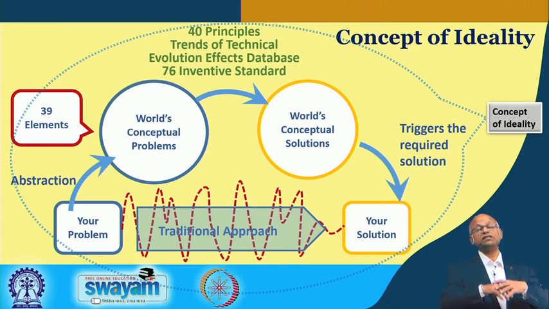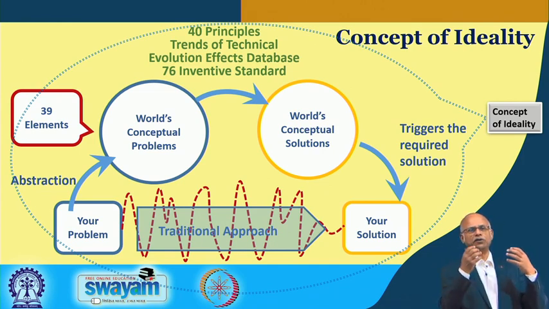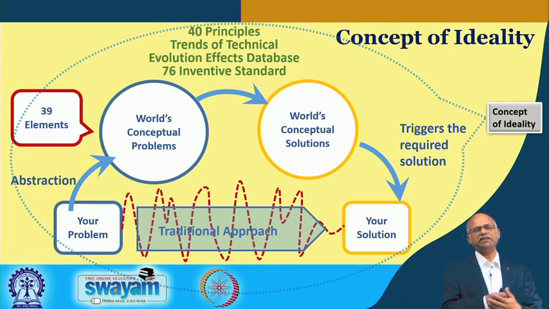This 39 is the world of the problem, meaning all the problems in the world are classified or categorized under 39 types. So, you identify which type your problem is. Then there is a world of solution, these 40 solutions. So, if you have a problem, then through the matrix you can identify this is my solution. You do not have to explore all 40 principles or 40 solutions. Just from the matrix you can immediately identify this is my solution.